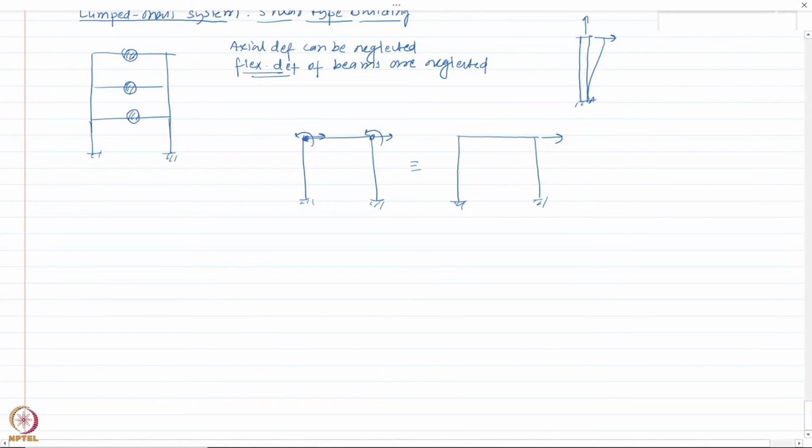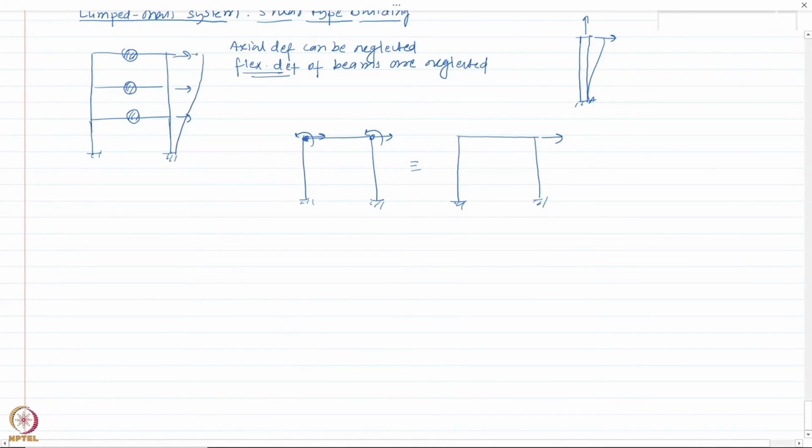So for each story I have only 1 degree of freedom. In this case, a shear type building can be represented using the horizontal deformation in the shear direction at each level. So for example, this shear type building would have only 3 degrees of freedom to represent the horizontal deformation at the 3 stories that we have considered here.